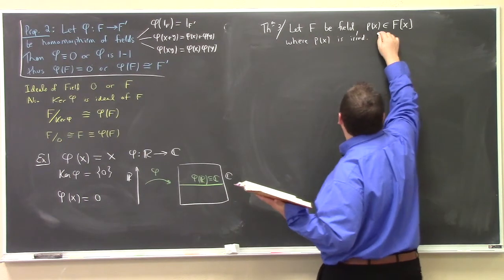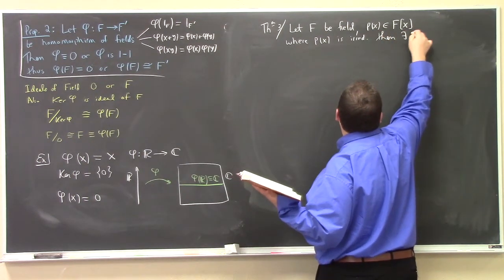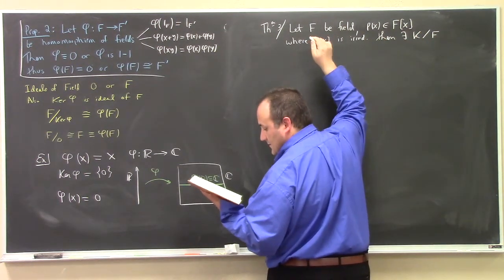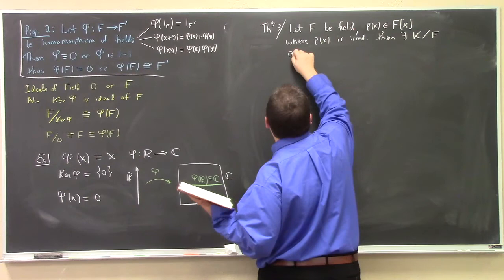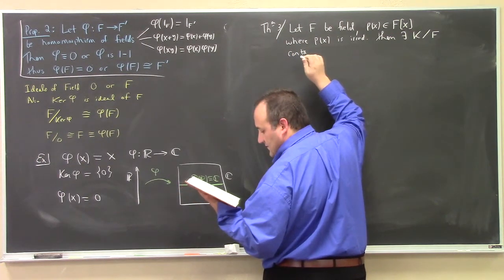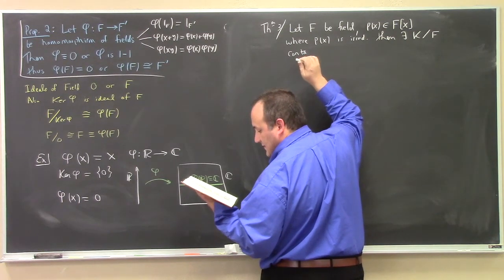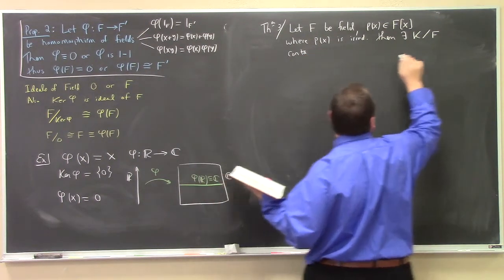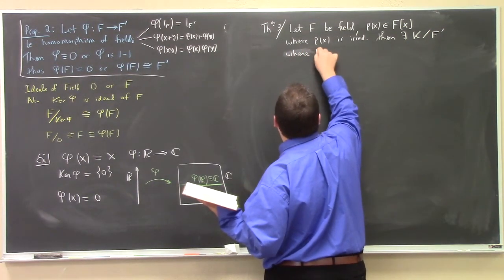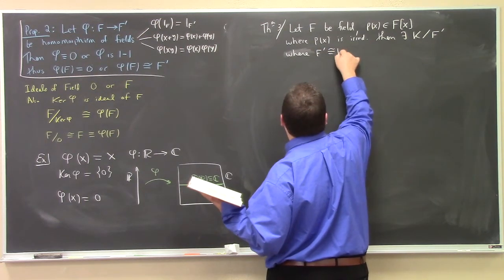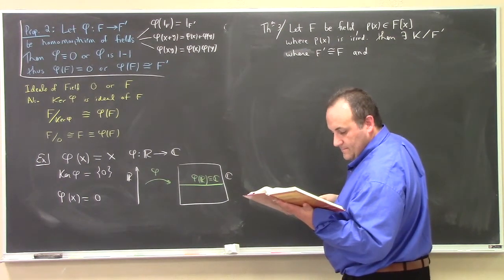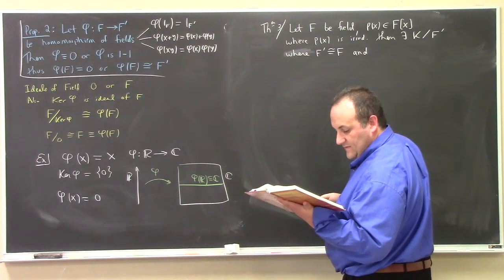Then there exists K over F containing, well, excuse me, let me say it carefully here. Then there exists K containing an isomorphic copy of F, in which P of x has a root.